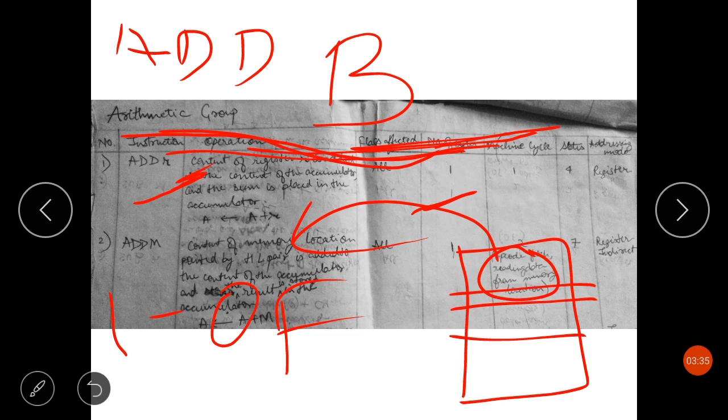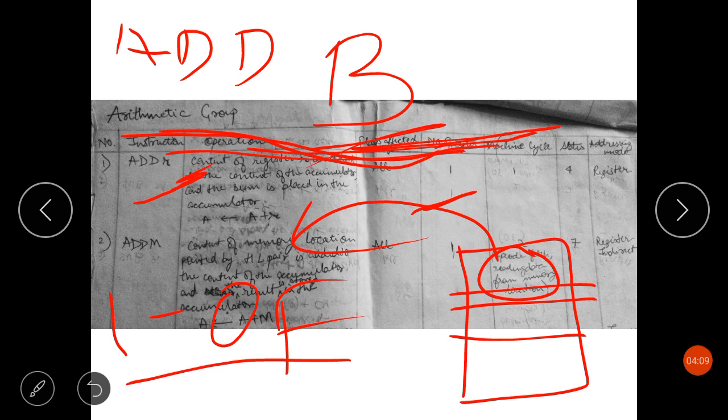After fetching the opcode and decoding it, the microprocessor will get to know that it has to add the contents of the accumulator and register B. Both the accumulator and register B, or any register mentioned in this instruction, are present within the microprocessor, so the microprocessor does not have to perform any extra machine cycles. In only one machine cycle the whole instruction will get executed. So it is the opcode fetch machine cycle.